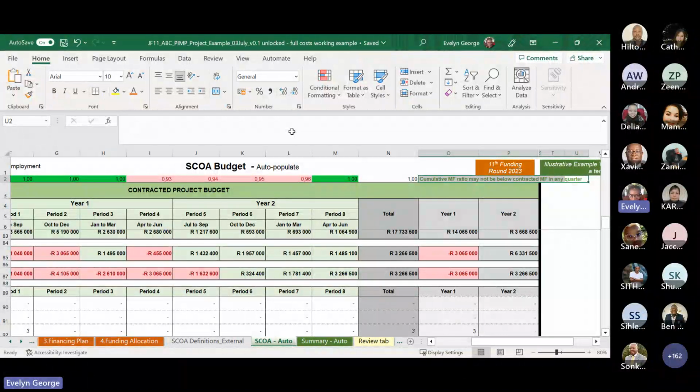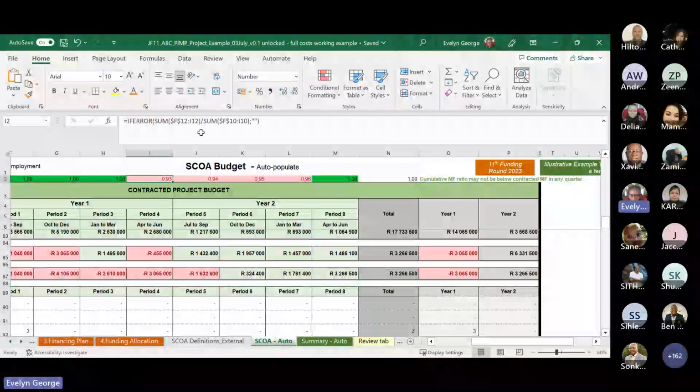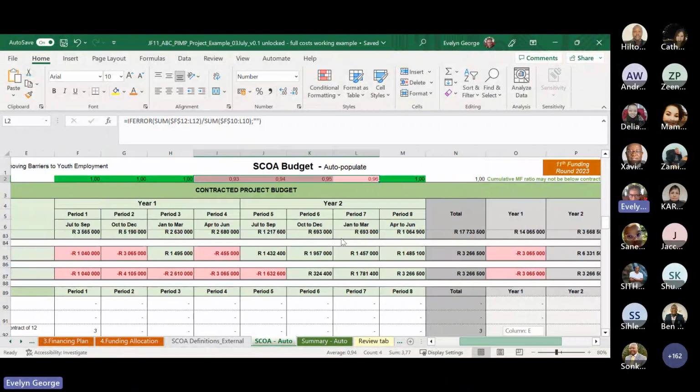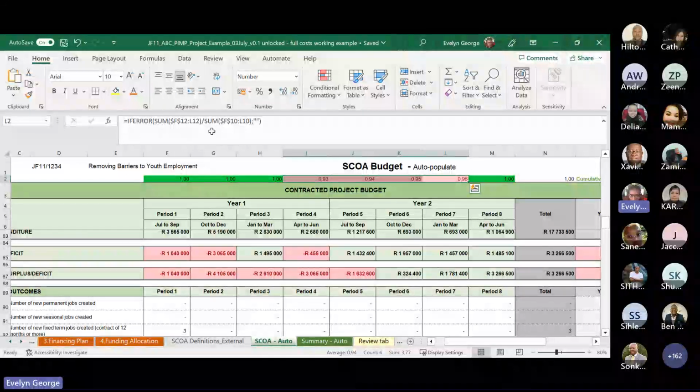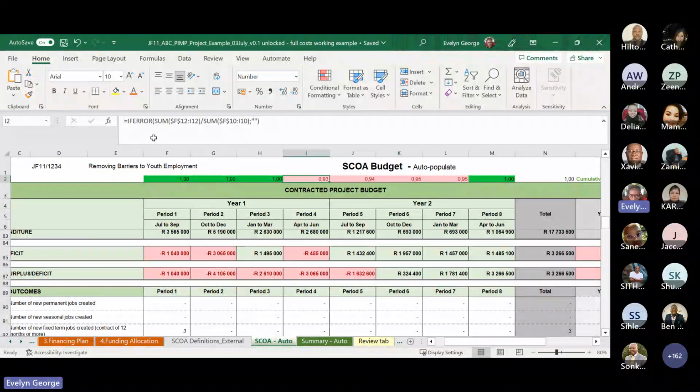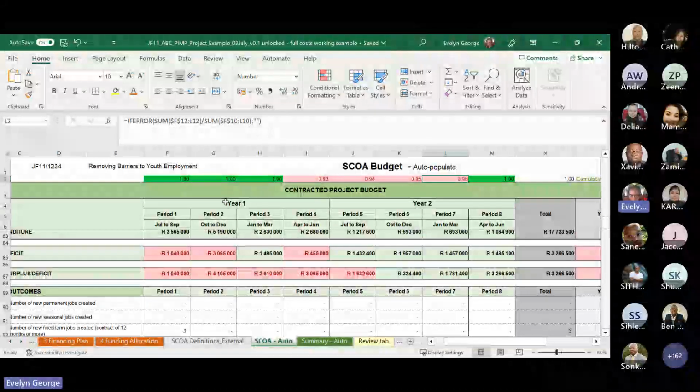So if you have proposed a ratio of 1:1, then we don't expect you to go below that at any point in time during the implementation period. You can definitely exceed it, but we would then ask you, over and above correcting this, that you correct these aspects also.